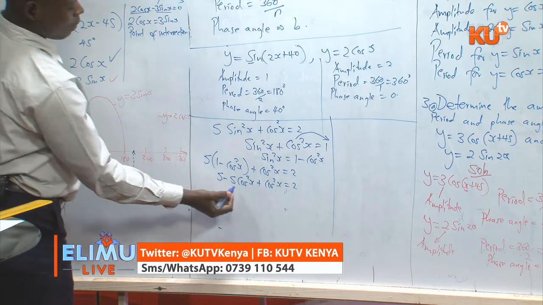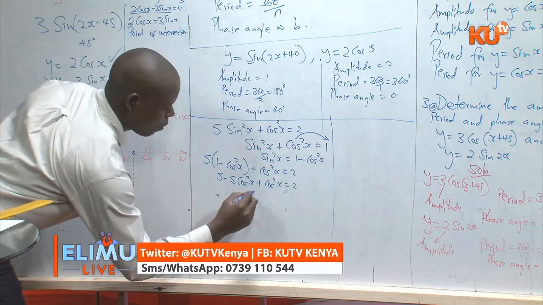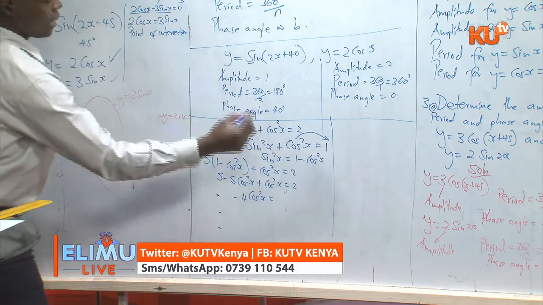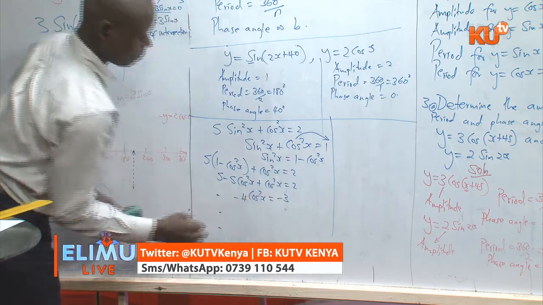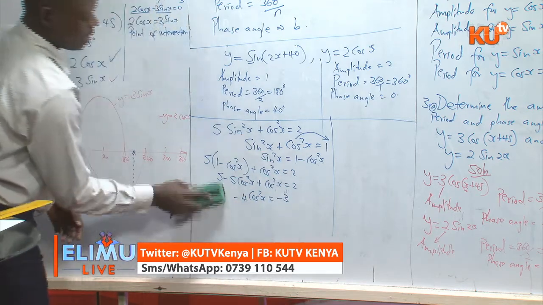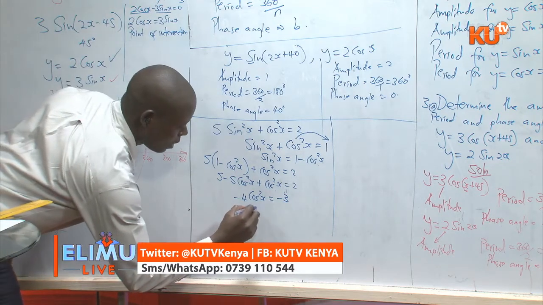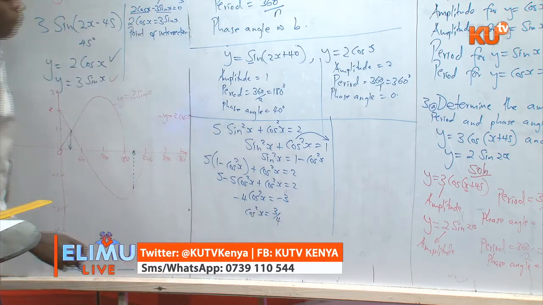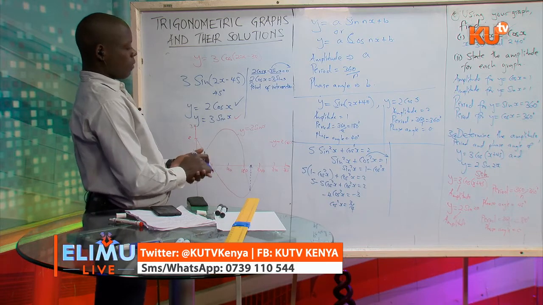So this is minus 5 plus 1, that is minus 4 cos squared x is equals to, to the right-hand side, 2 less 5, which is negative 3. Then divide by negative 4, so that we have cos squared x is equals to 3 over 4.